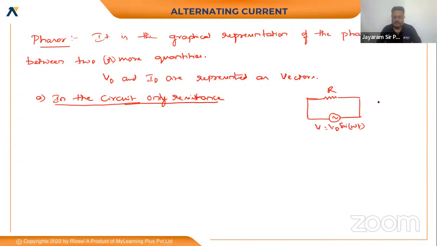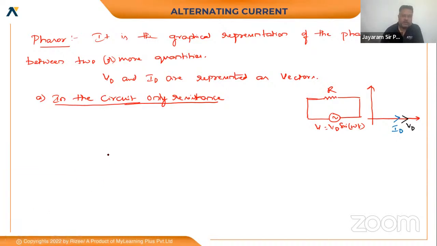So what will happen? In the phasor diagram for this case, if the black arrow represents V naught, then the blue arrow represents the current I naught. They will be on the same line. There won't be any phase difference between the input and the output.